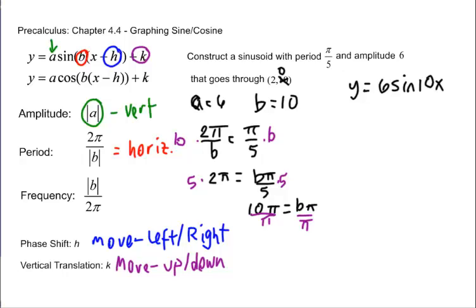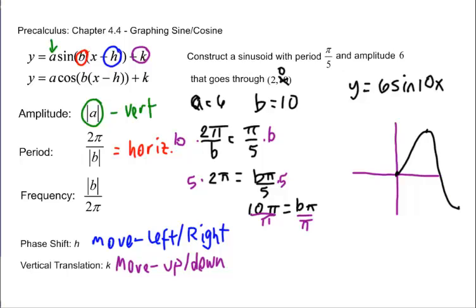Well, this graph, 6 sine of 10x, if we were to look at this on a graph, we start at 0, 0. Sine starts at 0, 0, so I'm going to start at 0, 0. And then I'm going to go up to 6, and I'm going to go down to -6, right?